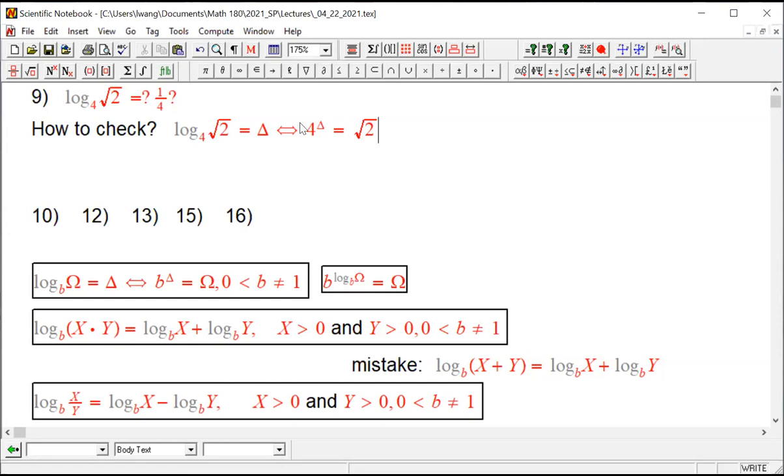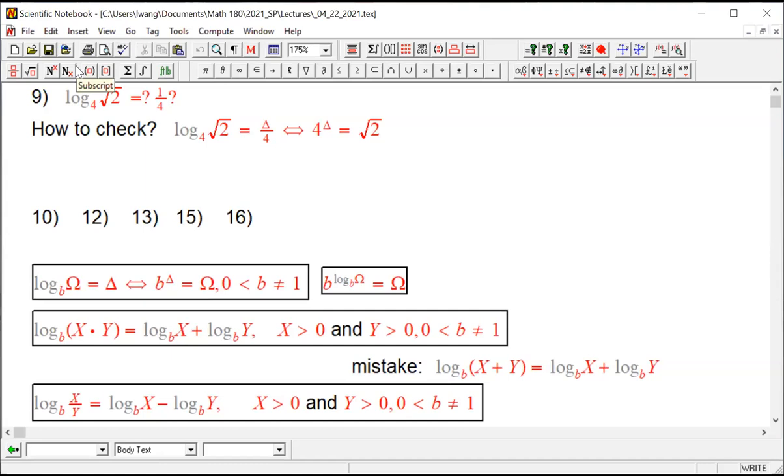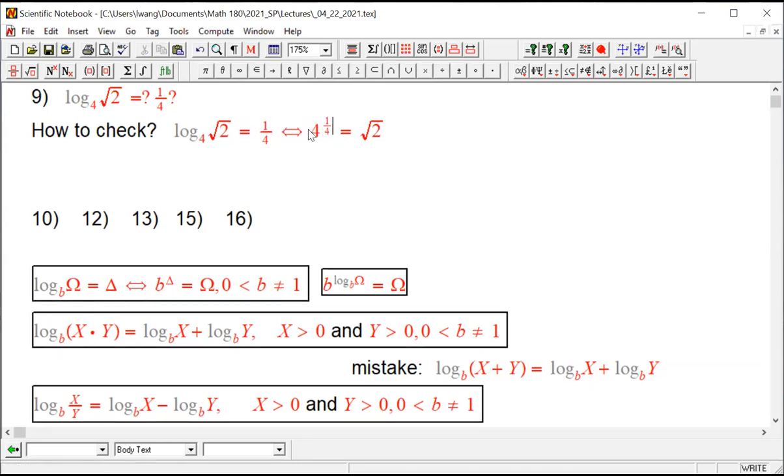Now the claim is this is 1/4, so you just have to plug in to see, is this true? That's all you need to check. Even though this is not the only way to check, this is a method to check. And now let's see if this is true.